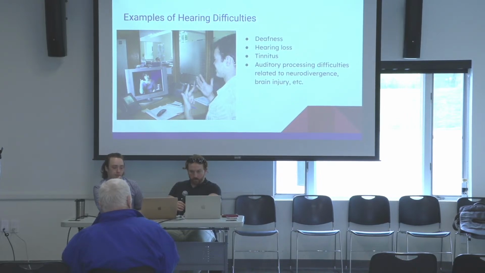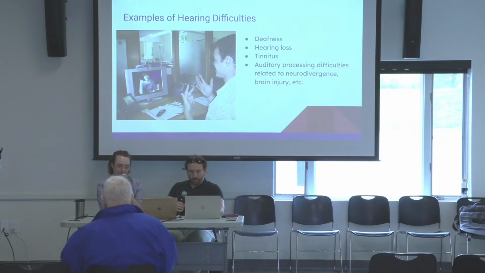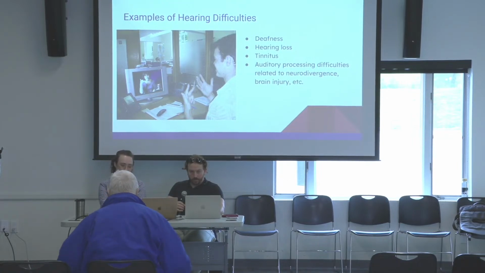The example shown in the picture on the screen here is an individual who's sitting at a computer. There's a camera on top, and he is signing to somebody who is also using sign language on the screen. If you've been on a Zoom meeting, that type of technology has been around for a long time, and it's been very helpful to folks who communicate primarily with sign language.